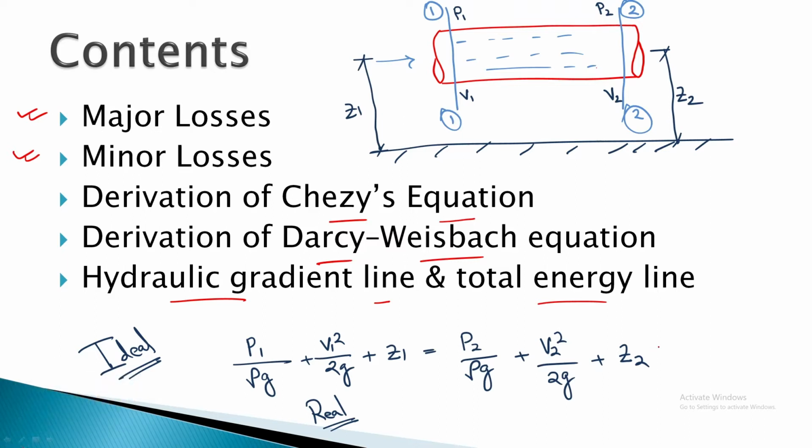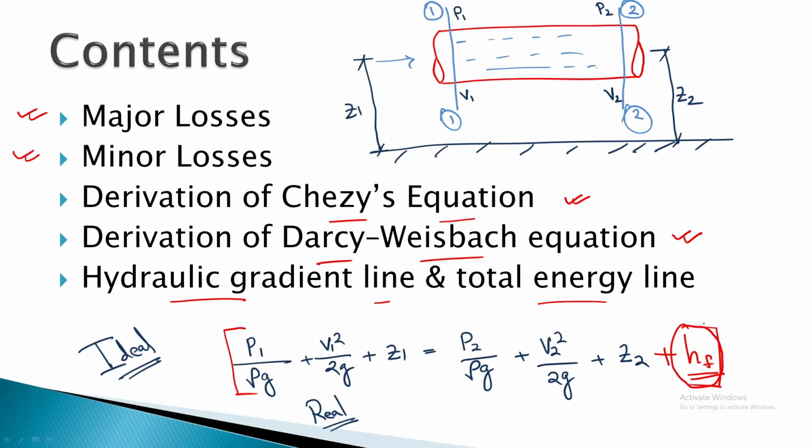Then there will be some losses, and those losses can be determined by determination of the value of this HF. Actually, using these two equations, that means the Chezy's equation and Darcy-Weisbach equation, we can determine the value of this HF.